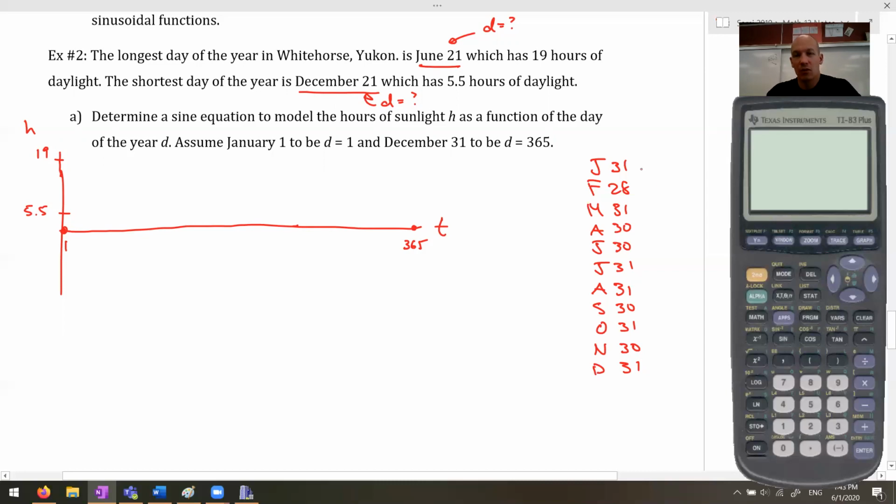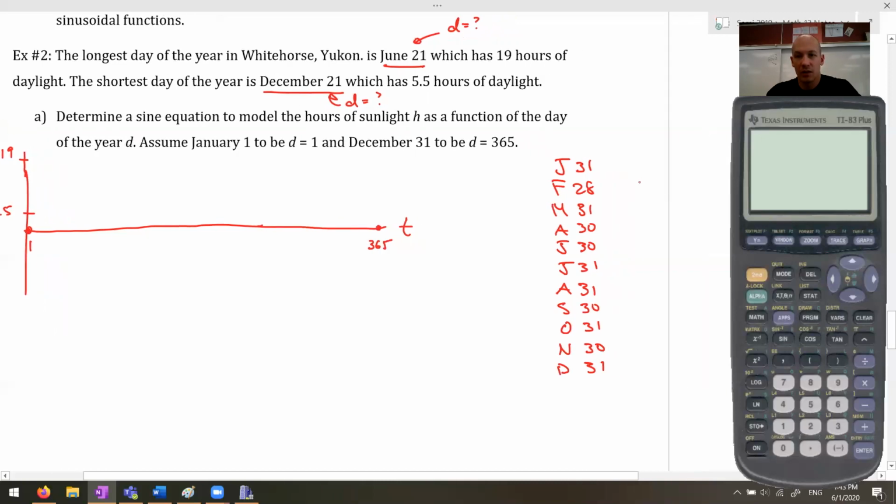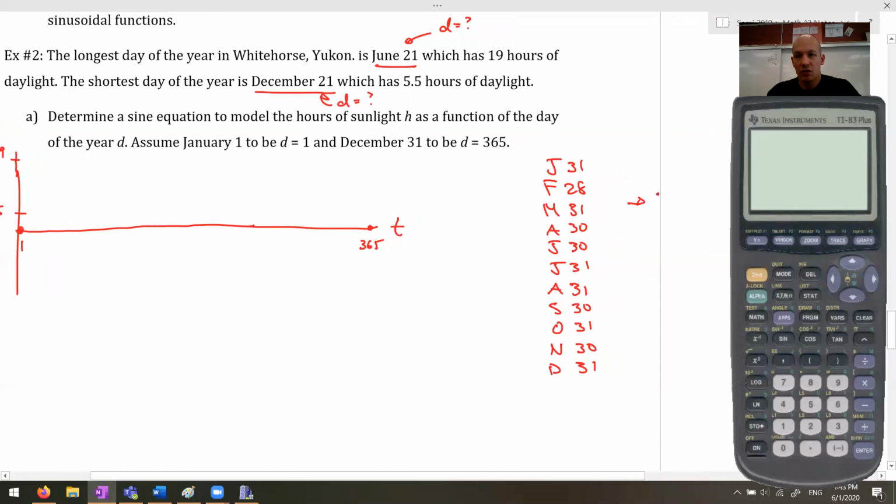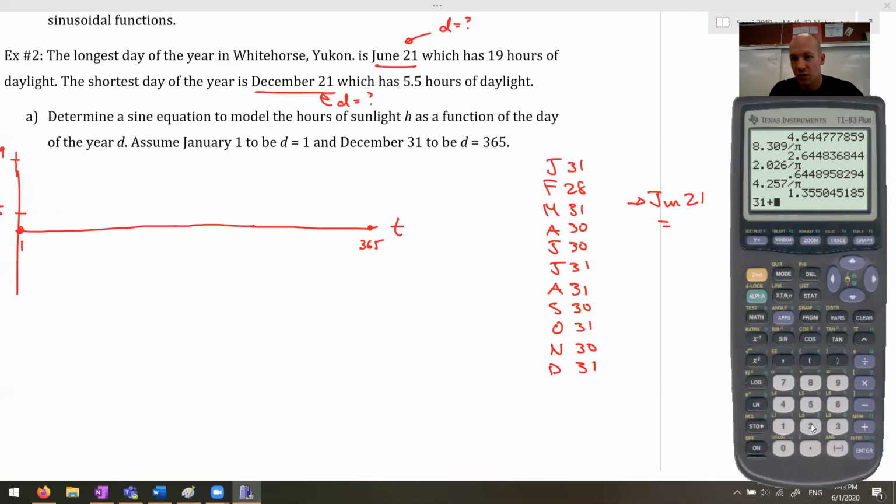And if we want to figure out where June 21st fits, it's really simple, we're just going to work this out on a calculator. You can't type June 21st in on a calculator, so you have to do it this way. 31 plus 28 plus 31 plus 30 plus 30.